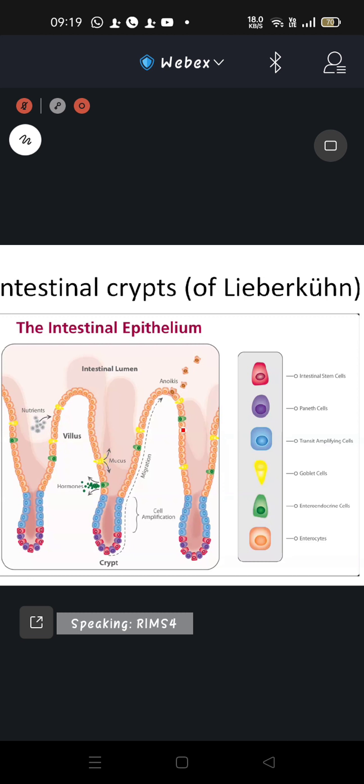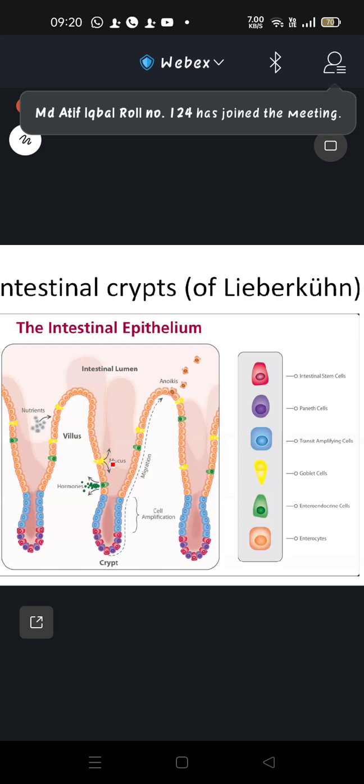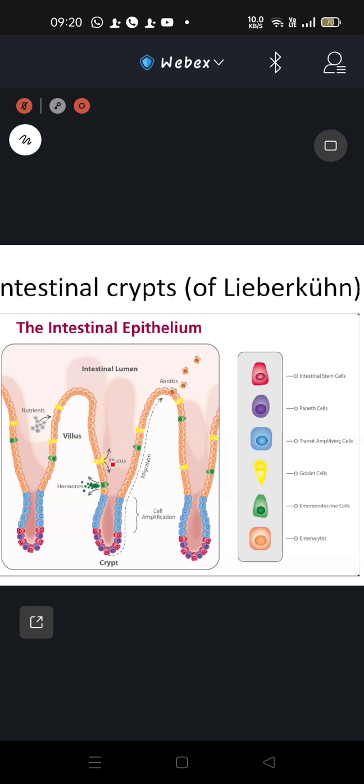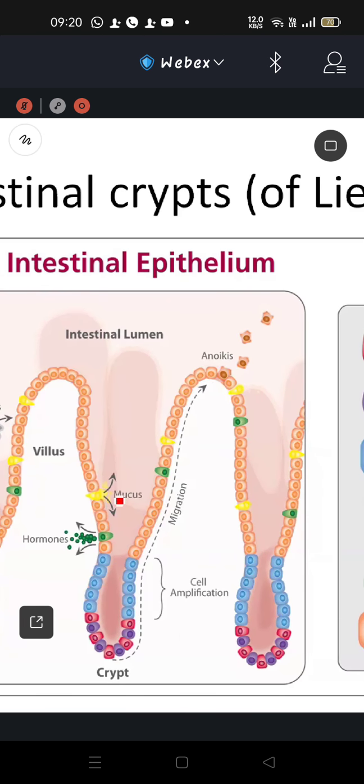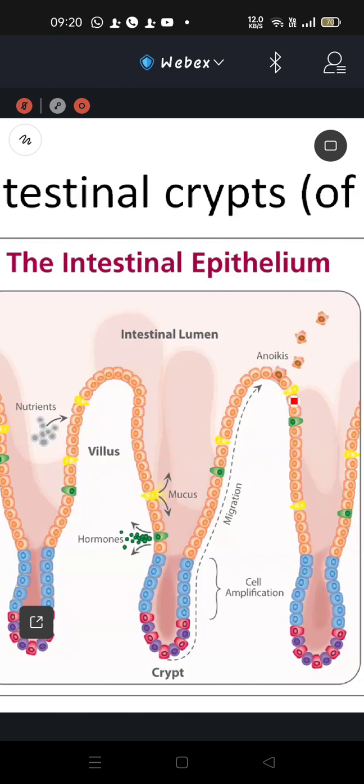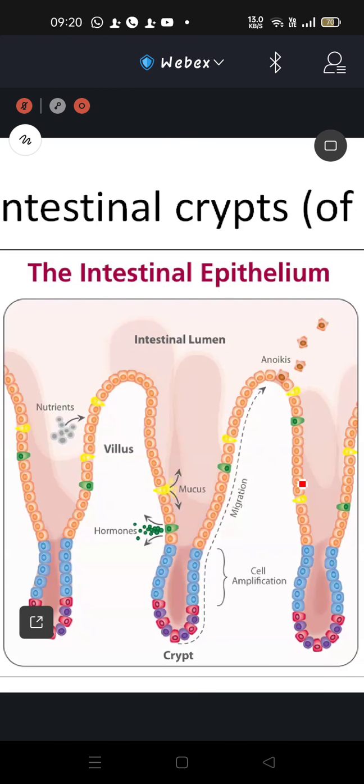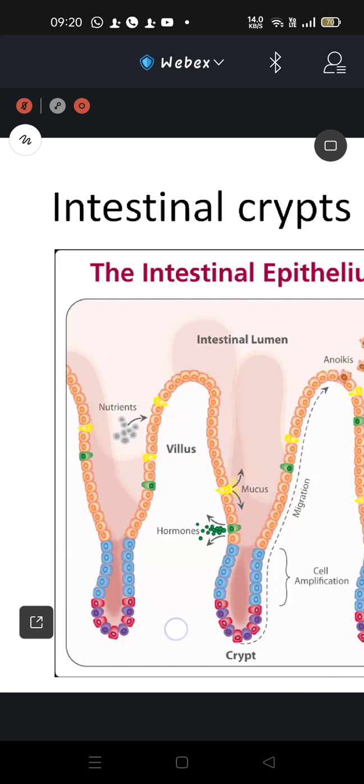And the lining epithelium has the enterocytes as well as the goblet cells, which are unicellular mucus secreting glands. So the cells altogether are enterocytes, involved with absorption. Then there are goblet cells, which are mucus secreting cells.